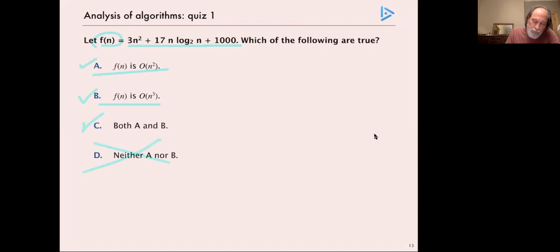Well, let's just do some plugging in here. 3n squared plus 17n log n plus 1,000 is more or less what I've done before. Let me just pick something out of the air. So this is less than or equal to, say, 3n squared plus 17n squared plus 1,000 n squared.